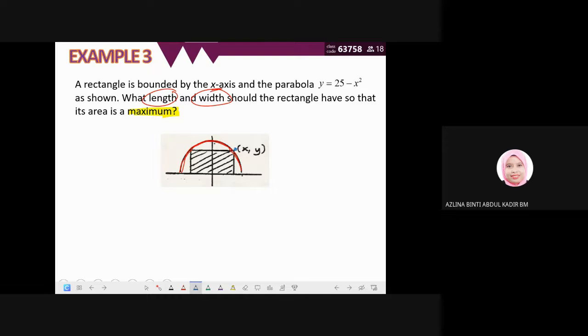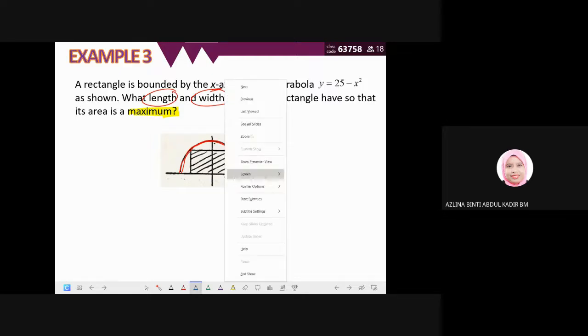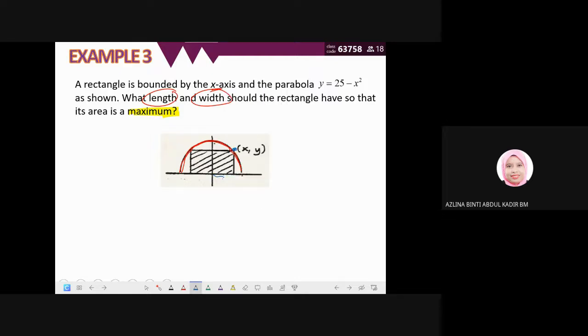Okay, dia bagi point dekat hujung sini. Ni adalah point dia adalah x, y. Xy that means distance from center, origin to this point is x. Alright, and then same as here is also x.